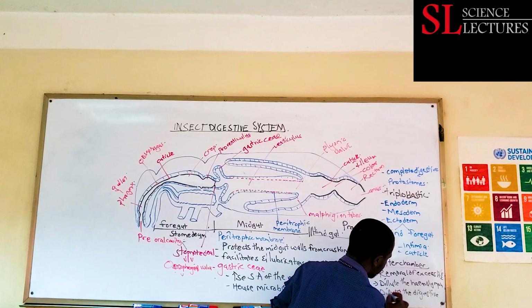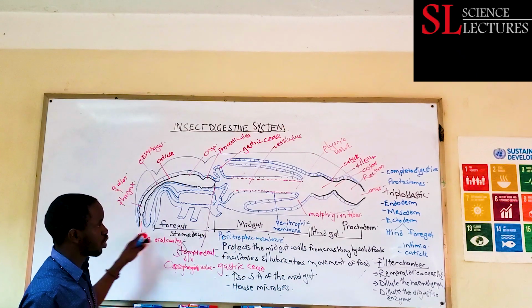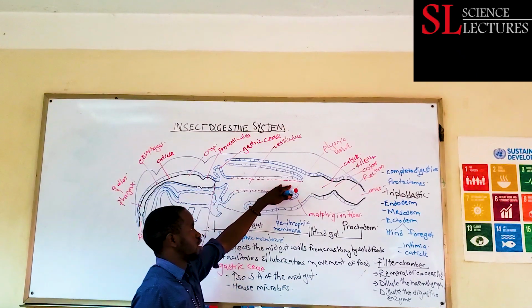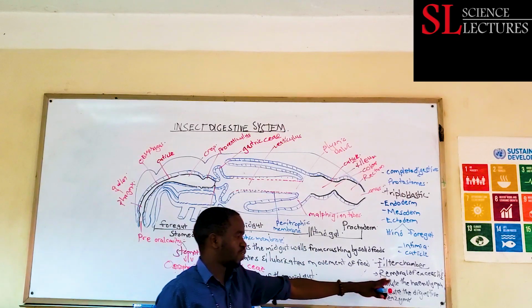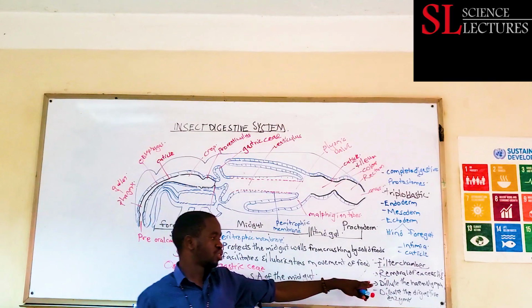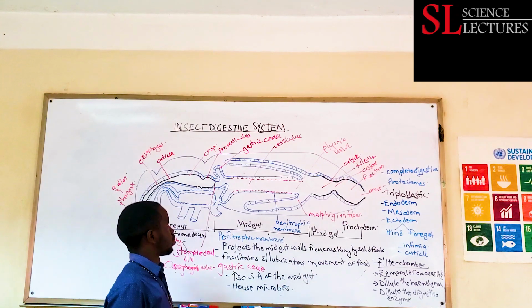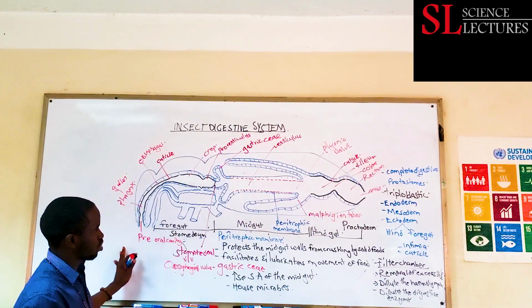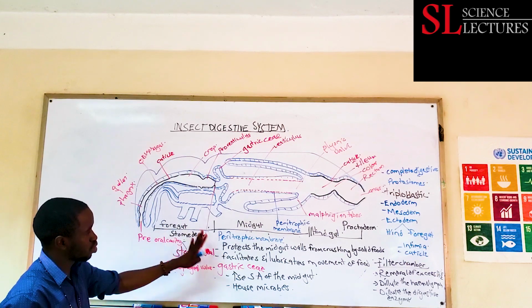So, this filter chamber is very prominent in insects that feed on liquid foods, and it is between the mid-gut and the hind-gut, which is why we have removal of excess water to prevent dilution of hemolymph and of digestive enzymes.